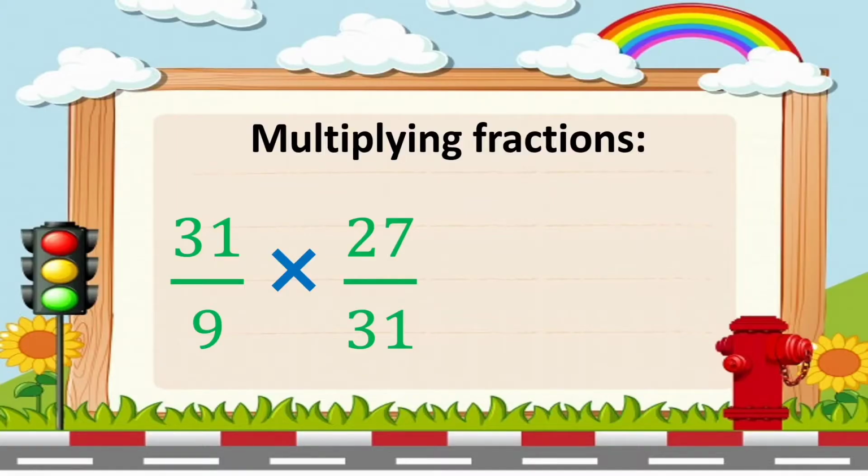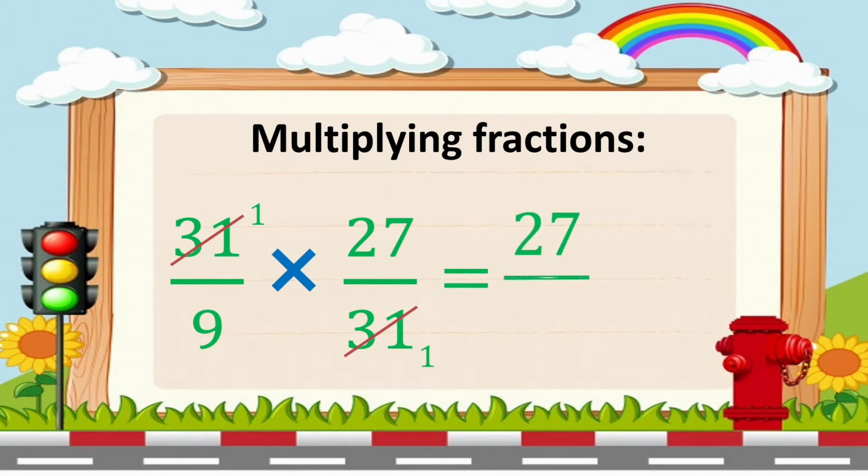Now let's have an example first. Multiplying fractions. We have 31 over 9 times 27 over 31. As you can see, 31 here, there's the same number 31 here. So all you have to do is cancel this out, then replace it with the number 1 because both can be divided by itself. Now proceed to multiplication. 1 times 27 equals 27.